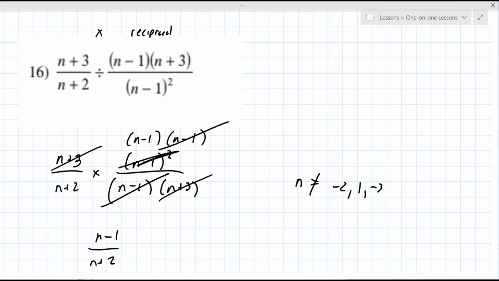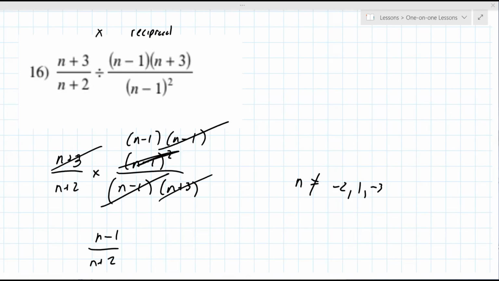So x cannot equal -3, right? We're on 17. Yeah, x cannot be -3. That's right. Now I can simplify these out. What about the top and the bottom 3? They cancel as well. All right. So you're just left with x minus 6 over 4, right? Mm-hmm. Perfect.